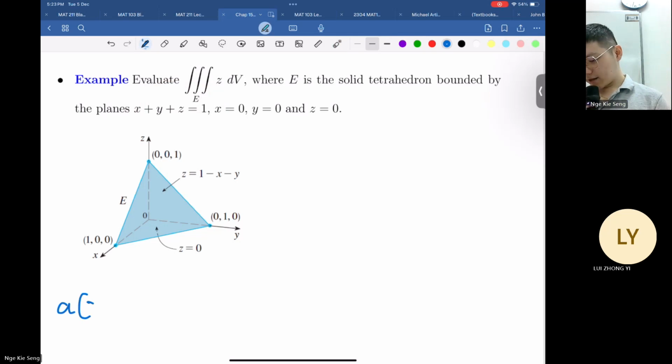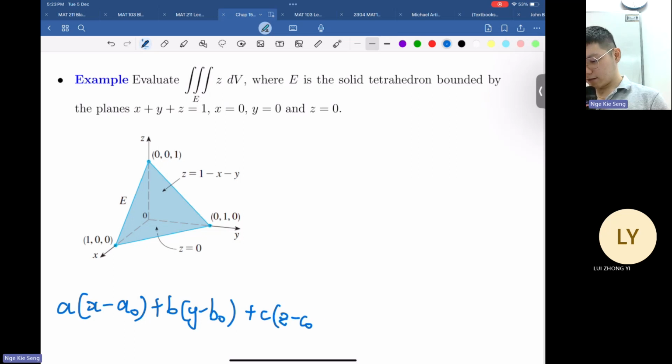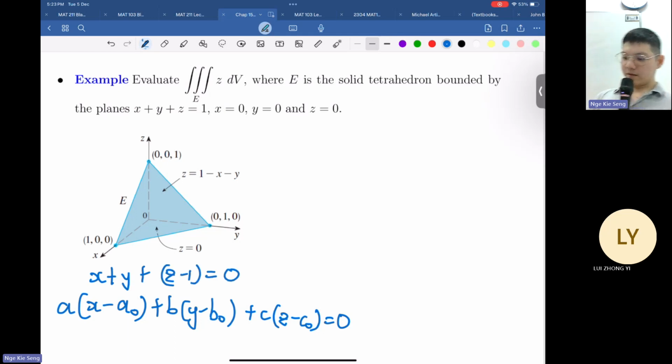A(x minus x naught) plus B(y minus y naught) plus C(z minus z naught), right? Equals 0. So how to read this plane here? x plus y plus z minus 1 equals 0.